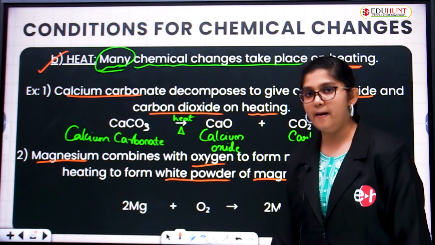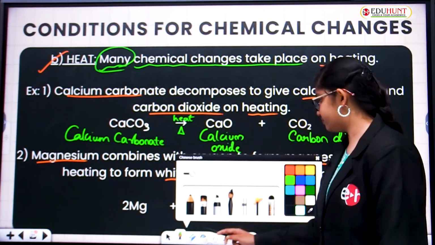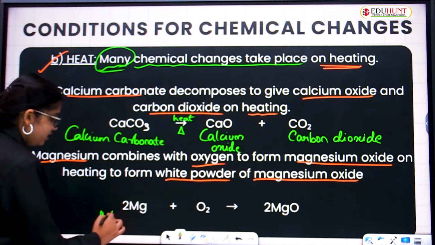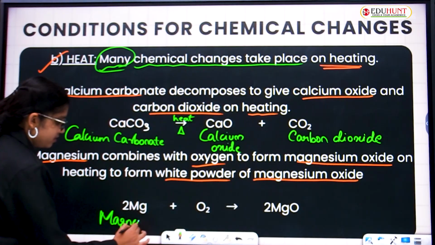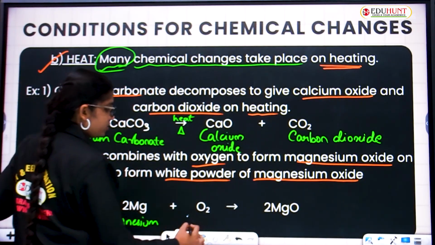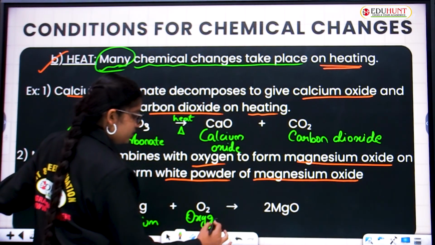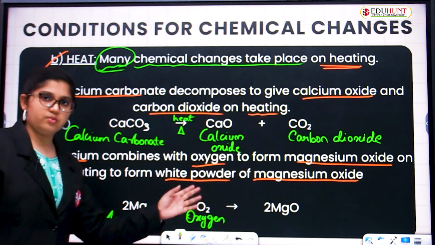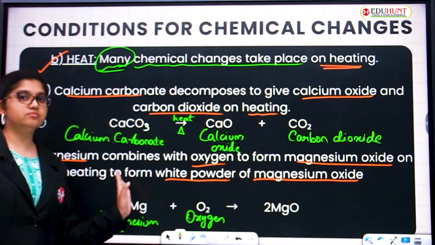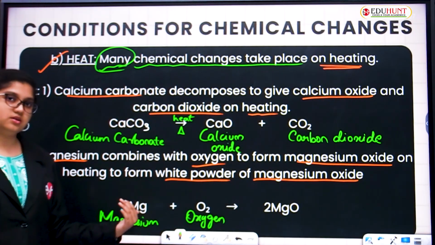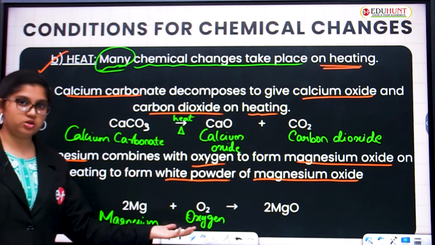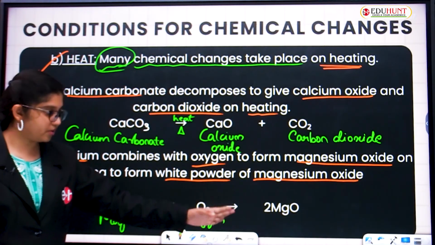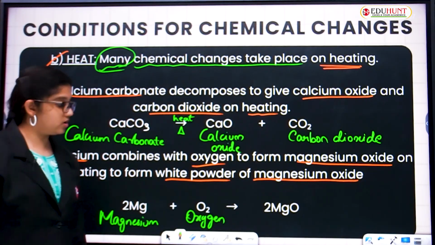So Mg means magnesium, O2 means oxygen. Whenever magnesium burns in the presence of oxygen in the atmosphere, it gives rise to a product. What is that? Magnesium oxide.